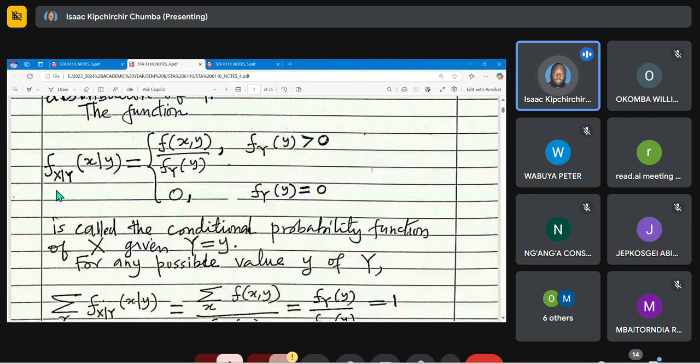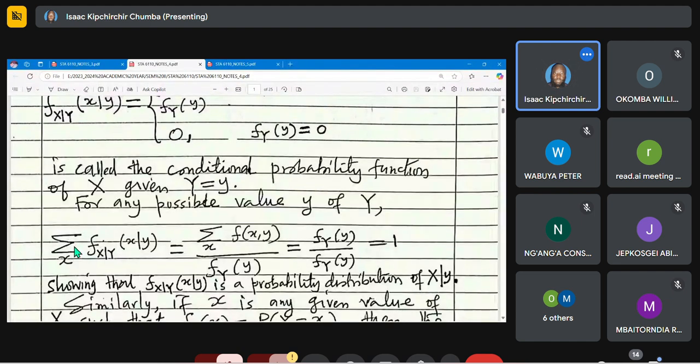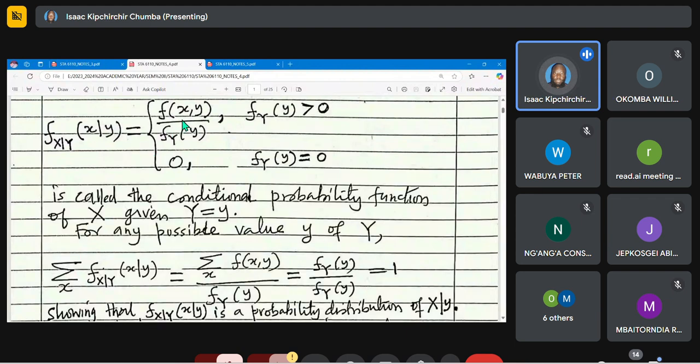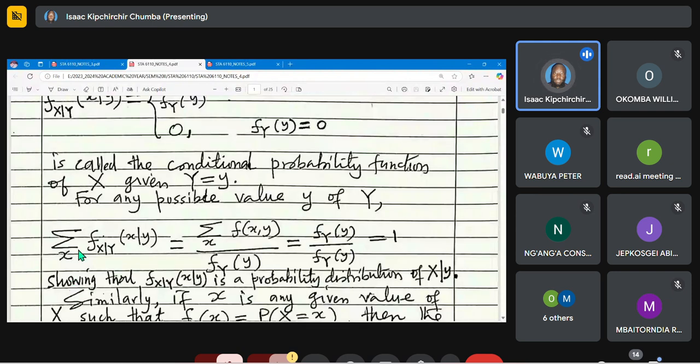So this is called the conditional probability function of the random variable x, given that the random variable y has assumed the value small y. For any possible value small y of the random variable y, if we sum this function over x, you can see the numerator is a function of x and y, but the denominator is not a function of x, it's a function of y. So this summation will only affect the numerator.